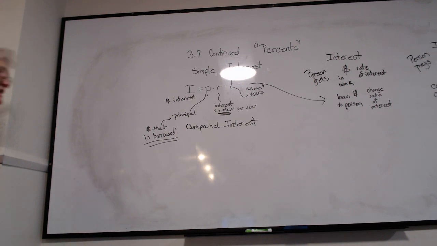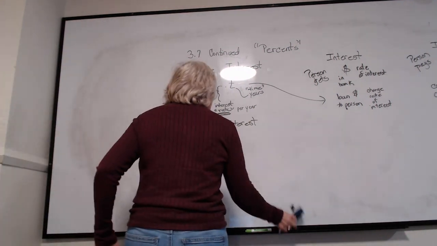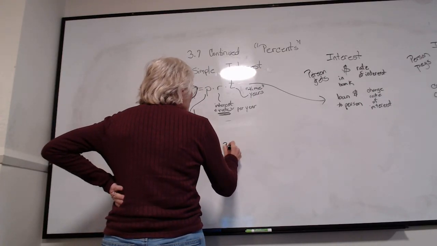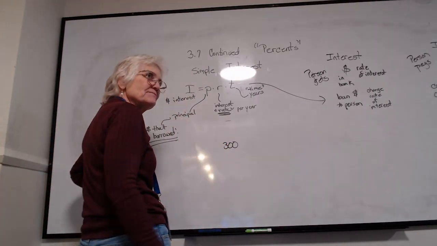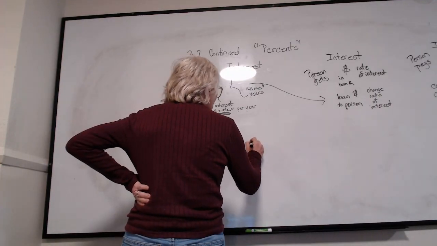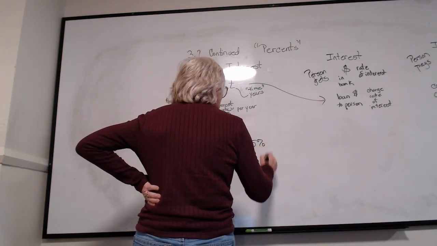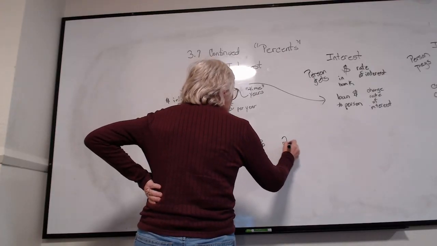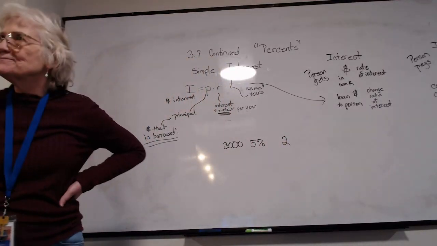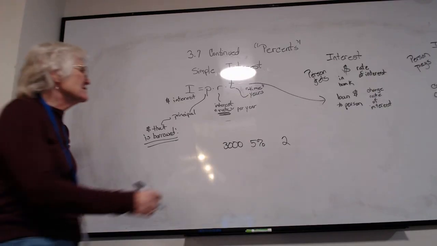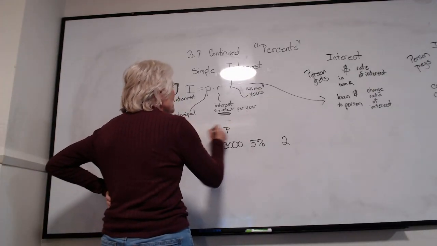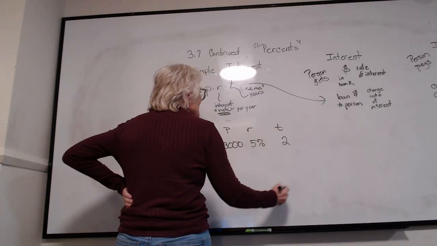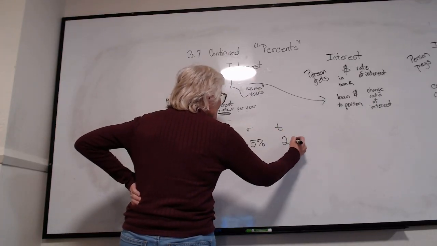Okay, so let's do one. Let's say I am borrowing $300 from somebody. They're going to charge me 5% interest. Let's go $3,000, and they're going to lend it to me for 2 years. Okay, so this is the amount borrowed. This is my P. This is my R, and this is my T. This is in years.